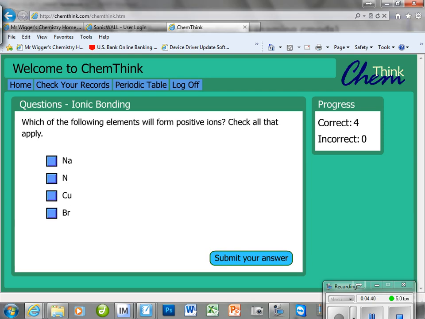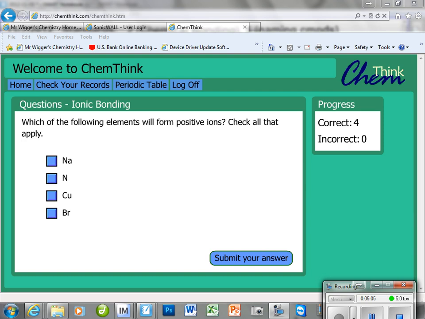Now, with number 4, which of the following elements will form positive ions? We again look to metal, nonmetal. So as I'm looking down on this one, for positive ions, we have to have a metal. So look at nitrogen, the N, that is a nonmetal. So we're not going to be able to check that.